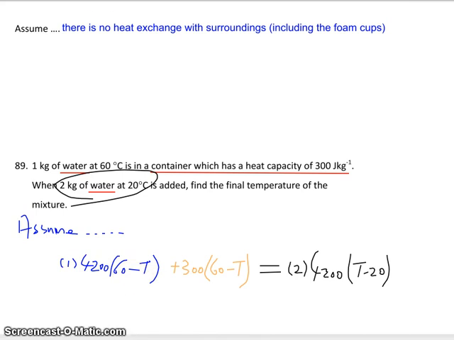And one more thing is about this expression. This is heat capacity multiplied by temperature change for the container, while for water it is mc delta T. mc delta T for the cold water as well.